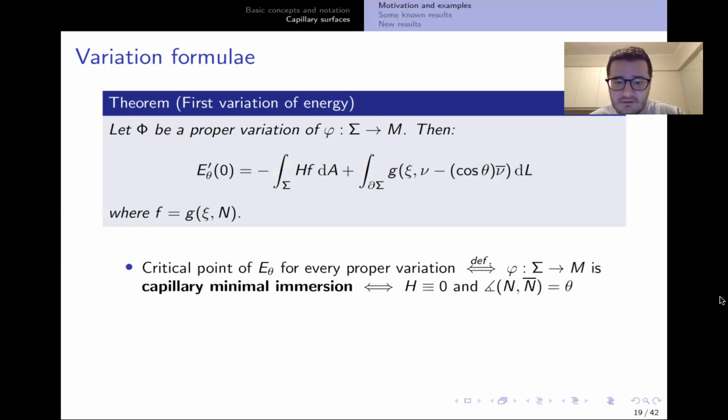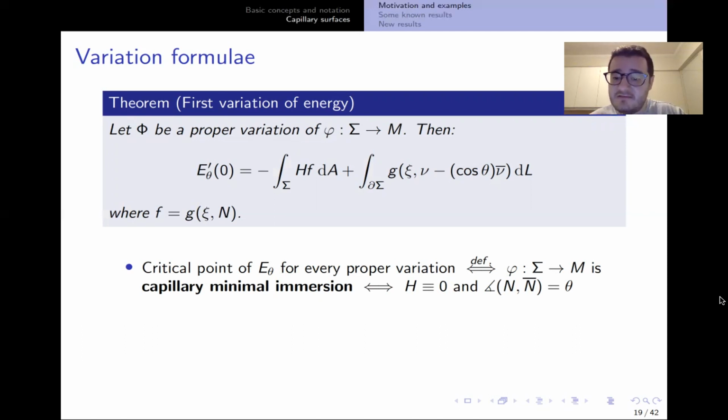It means that H has to be equal to 0 because F can be made arbitrary, because in its turn, psi can be made arbitrary because the variation is arbitrary.